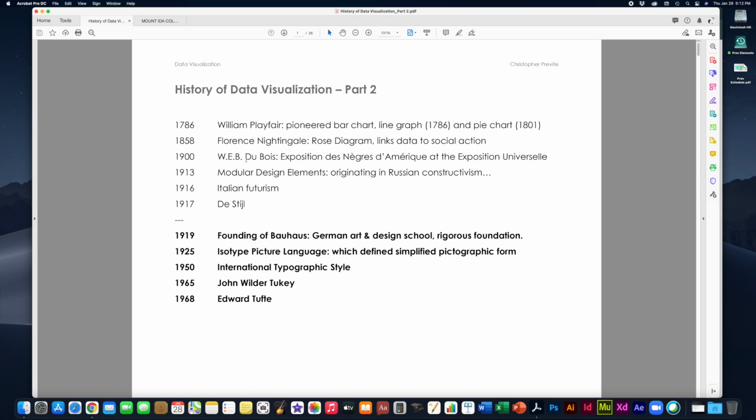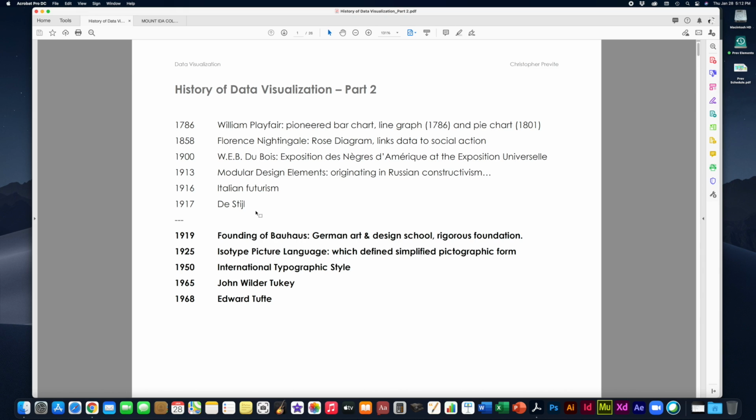As we went through some of these earlier areas, you see that some of them are specific people, like Florence Nightingale and William Playfair, and others are artistic movements, such as modular design elements from Russian constructivism and Italian futurism, or De Stijl. So either way, we've got 3 individuals, Playfair, Nightingale, and Du Bois, and then a few artistic movements.